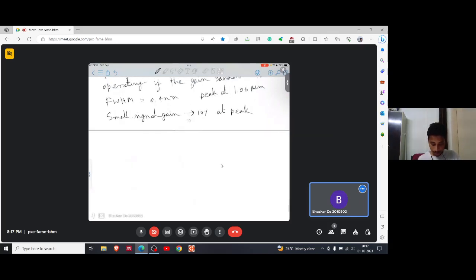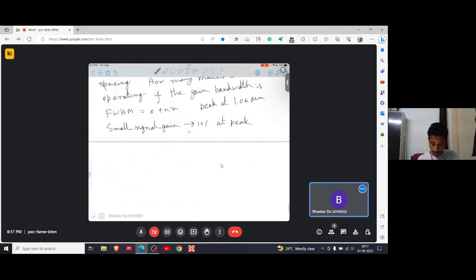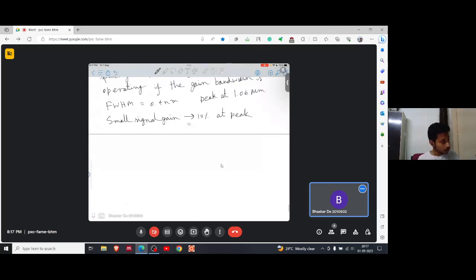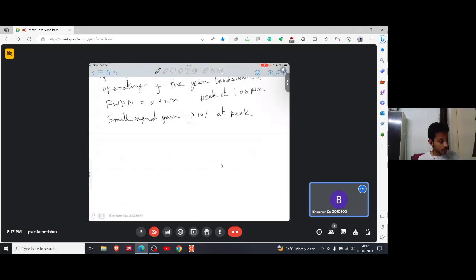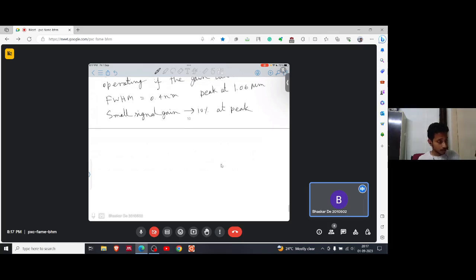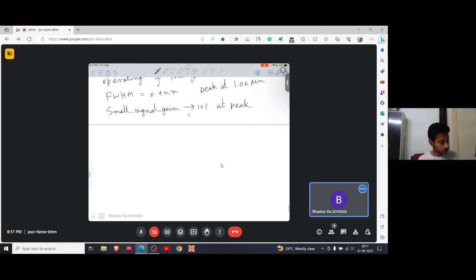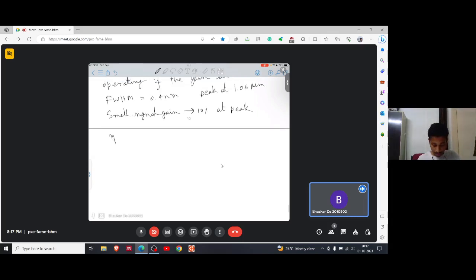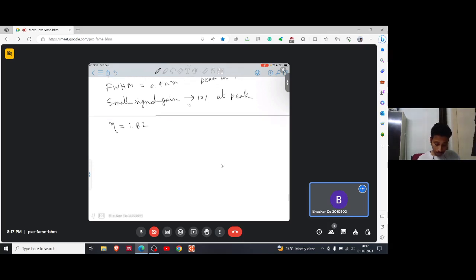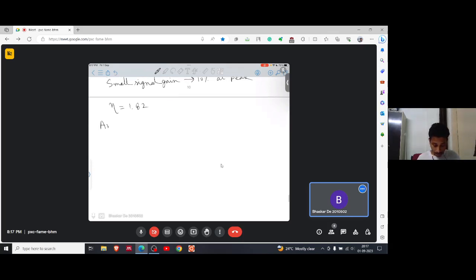So now there are 2% loss per pass. So after every pass there is a 2% loss, and the refractive index of Nd:YAG is 1.82.